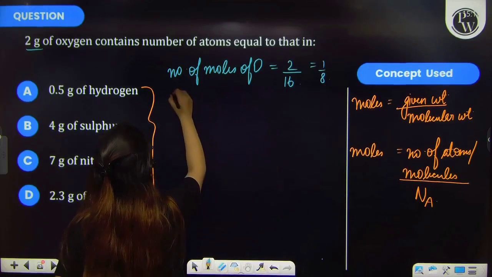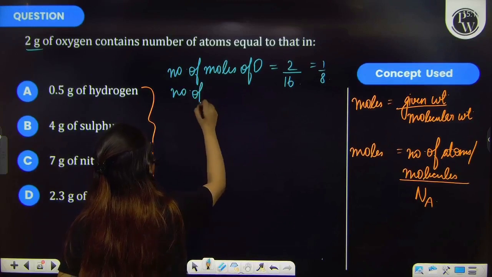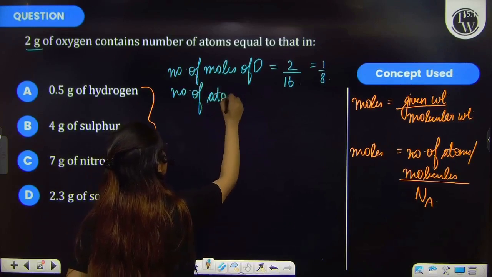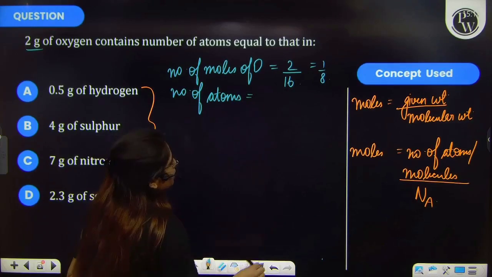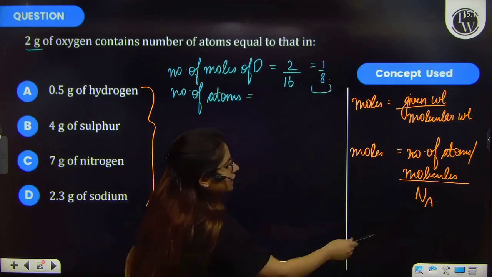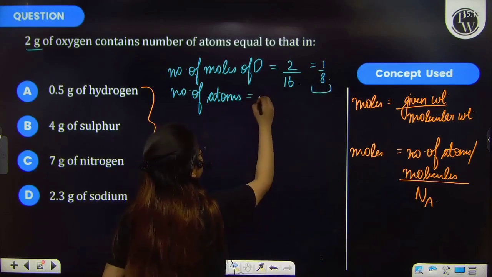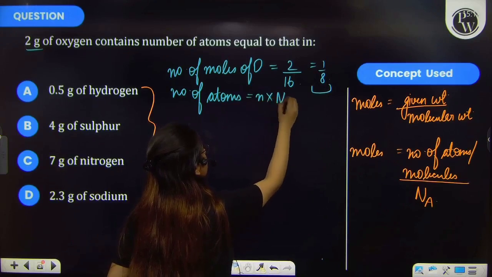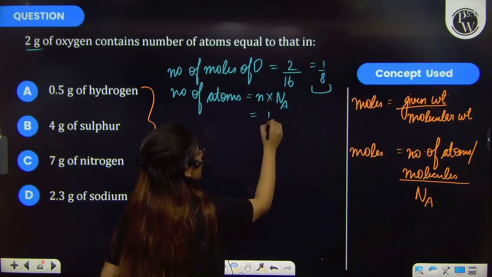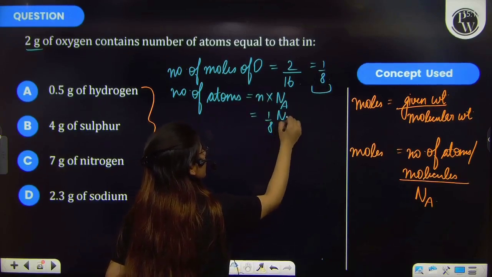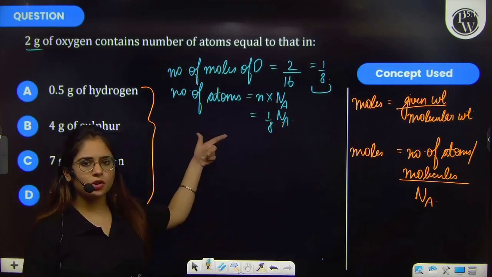Now for number of atoms, we will multiply this number of moles by Na, right? So it will be n into Na, and therefore 1/8 into Na. So these are the number of atoms of oxygen.